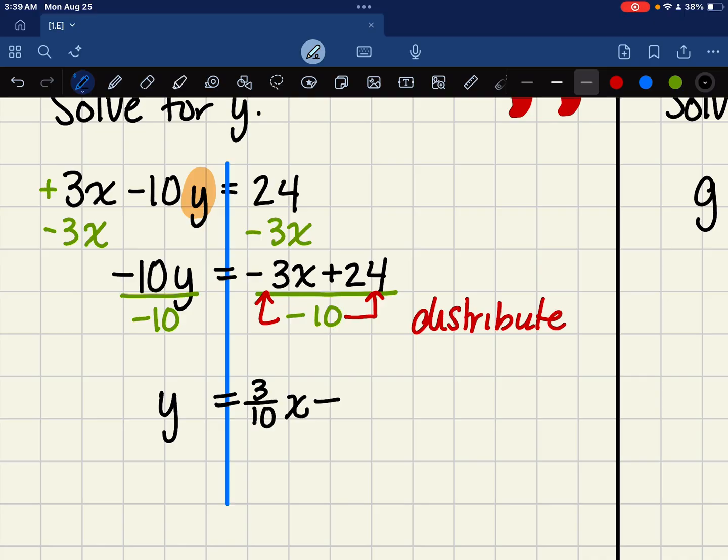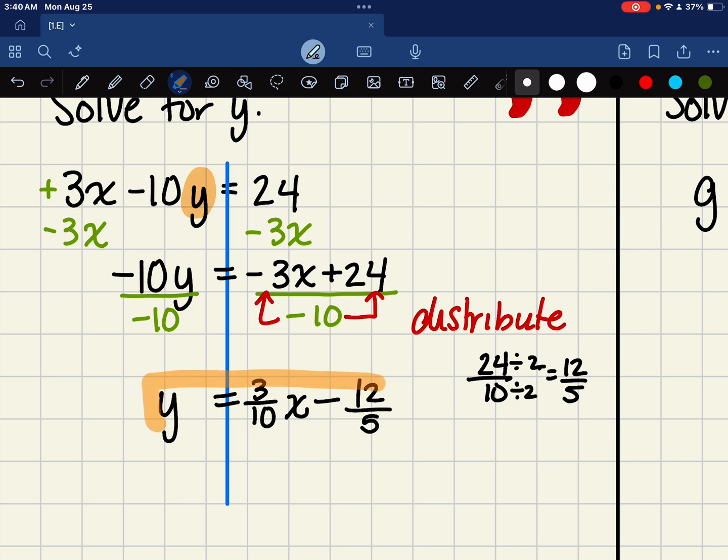And if I'm thinking of 24/10, I'm just going to come to the side and show it. They're both even, so I could divide them both by 2. That would give me 12/5. And that can't reduce any further, so I know that I'm good. Would you look at that? Isn't that an equation written in slope-intercept form? The y equals mx plus b? We like that. We like that a lot.